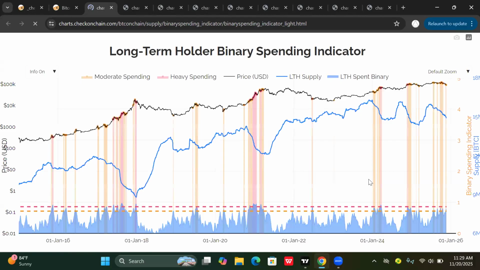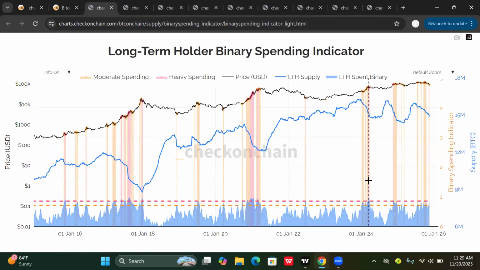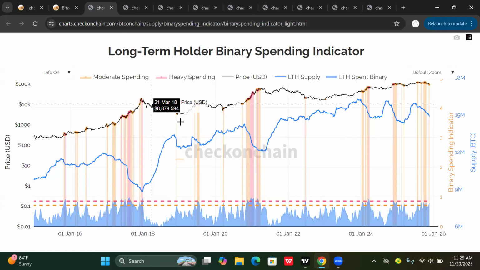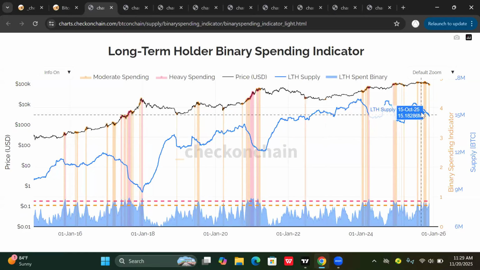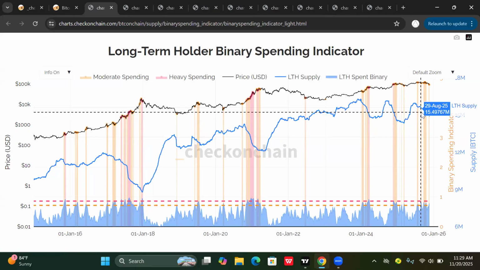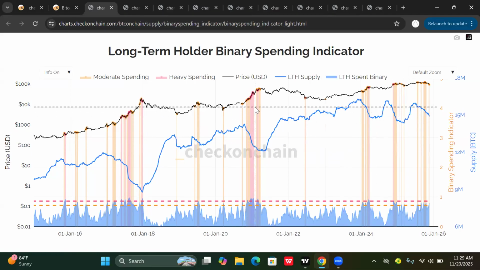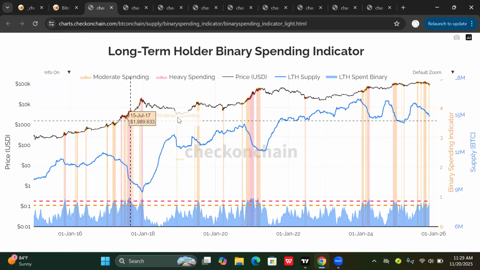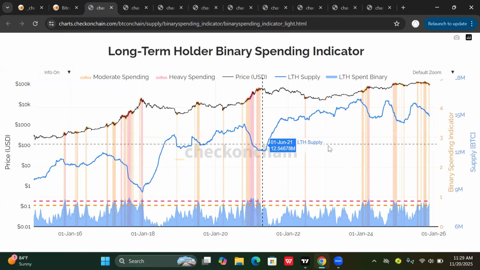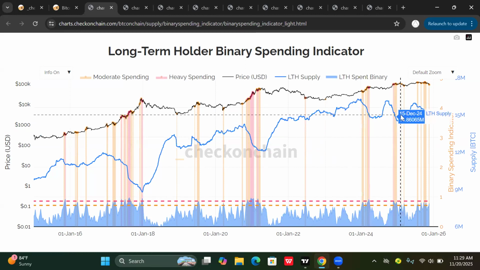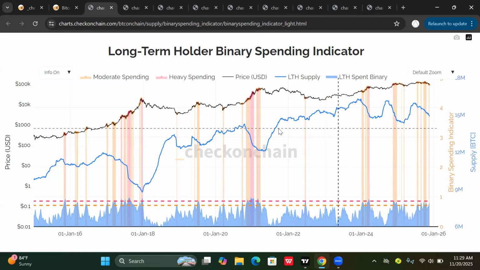There's something I'm trying to track, but I haven't been able to see that here. So we're currently seeing moderate spending in Bitcoin. There's heavy to moderate spending, moderate spending.